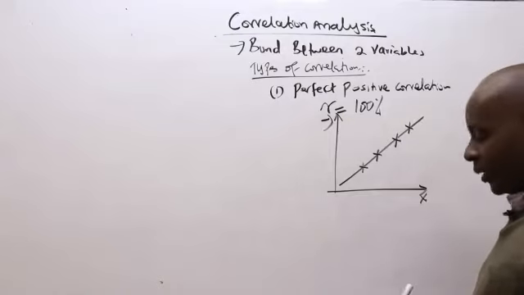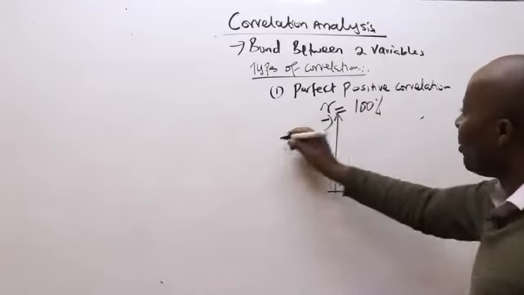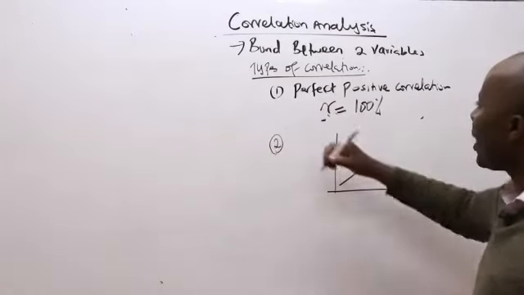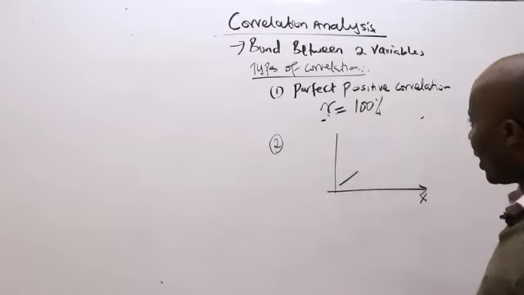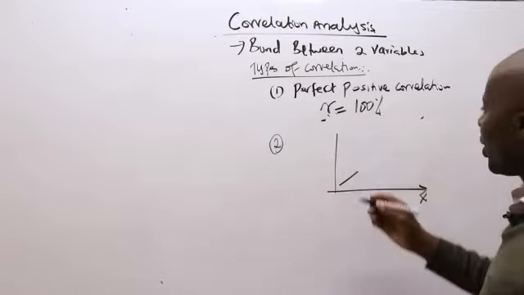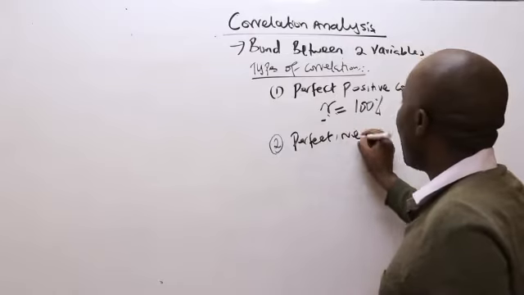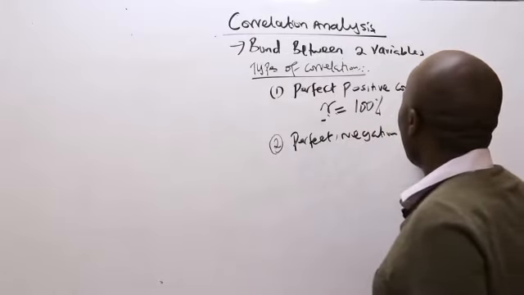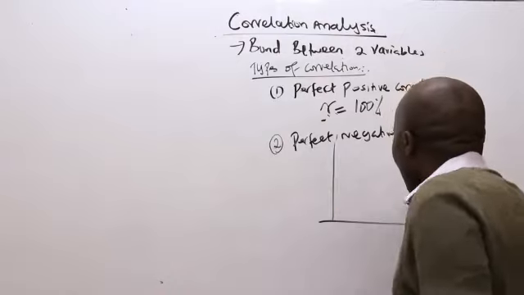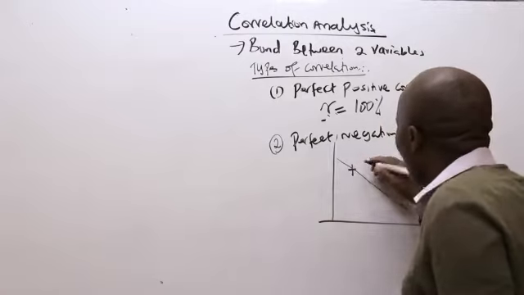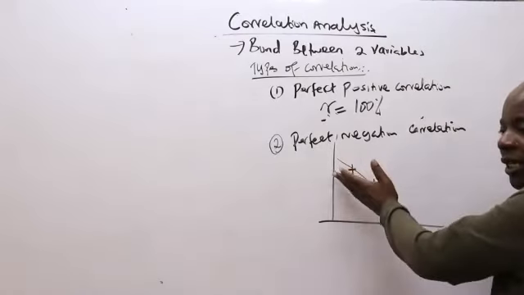And then, ladies and gentlemen, we have the same approach, but this time number two, perfect negative correlation. Again we have our line of best fit going through all the points, but this time the gradient is inverse.